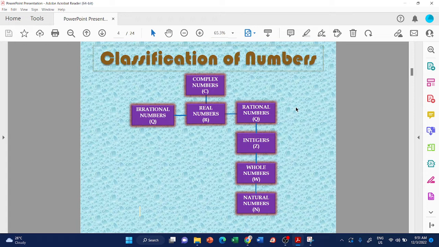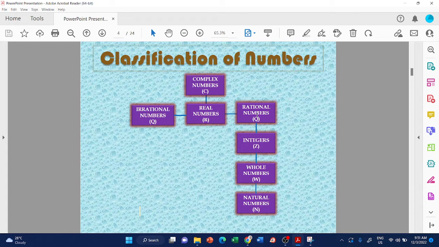The exact value of pi cannot be written as a rational number. So a number in the form of root of 3 or root of 5 is irrational. That number cannot be written as a fraction, so we call that number irrational.